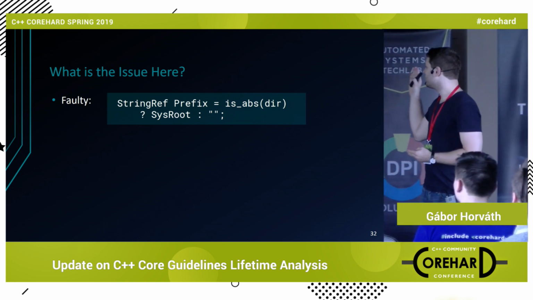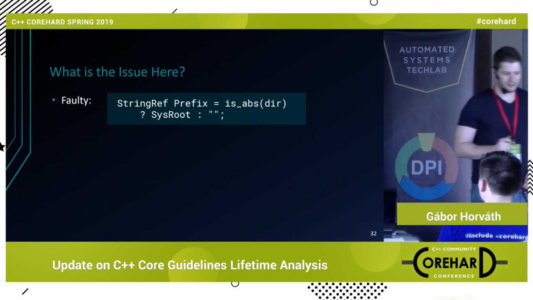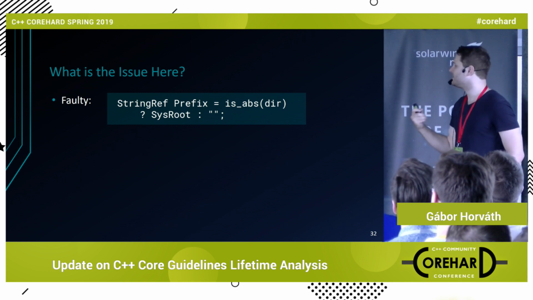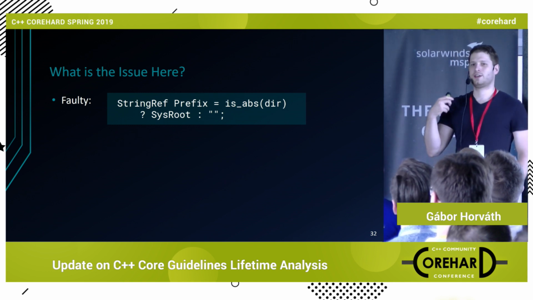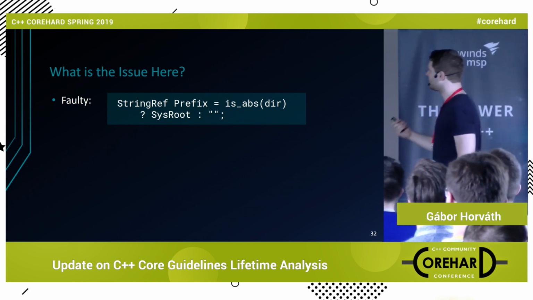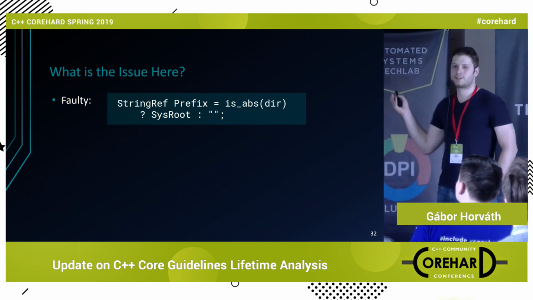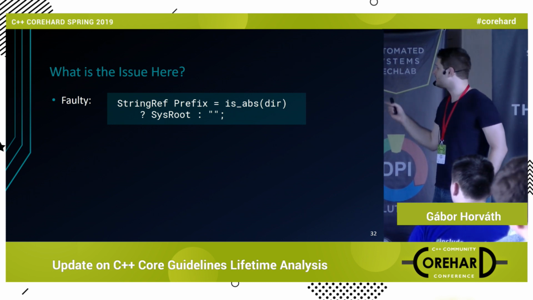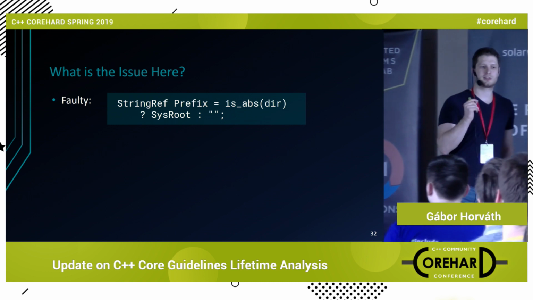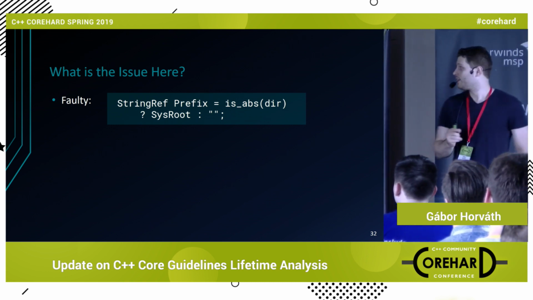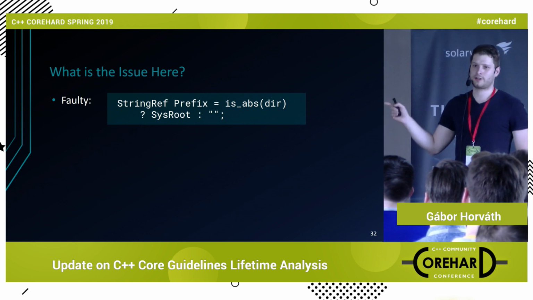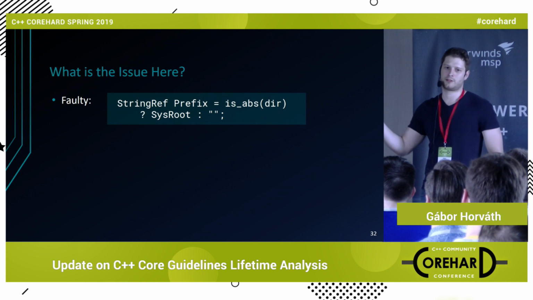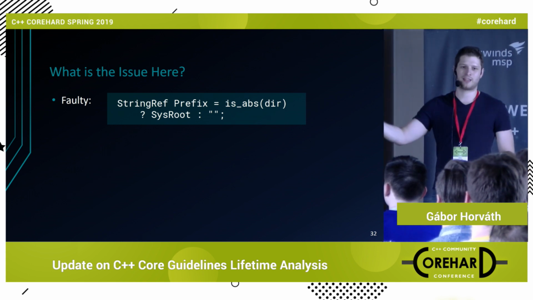So here is a faulty code, and the problem is that we cannot really be sure that it is faulty or not because we need the contextual information. So here StringRef is the same as string_view, and the culprit is that sysroot is actually a std::string, and basically in the ternary operator we need both of the branches, the true branch and the false branch, converted to the same type.